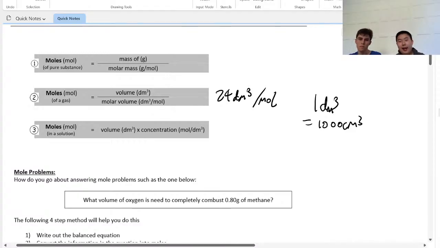And as Matteo here is saying, they'll catch you out with something like 100 cm cubed. Don't divide by 100, divide by 0.1, because 100 centimeter cubed is 0.1 decimeter cubed.